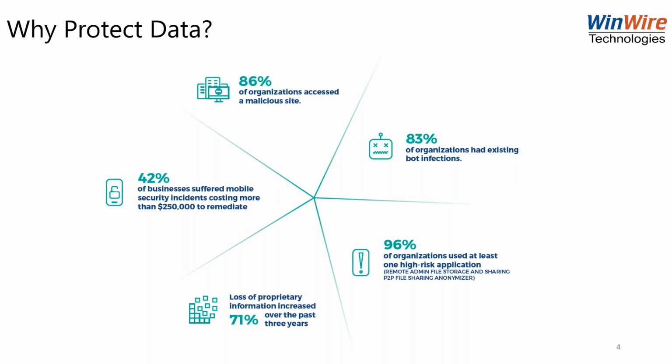Starting from 86% of organizations access malicious sites. That is so common. Someone accessing a blog or a webinar from a website, and that probably has a link or an advertisement, and by mistake or intentionally, the user clicks on it and they start accessing the malicious site, right?